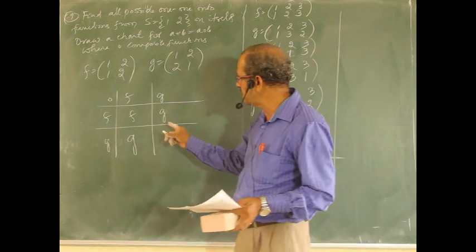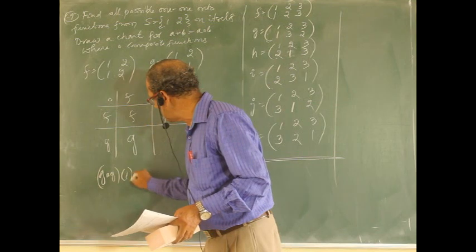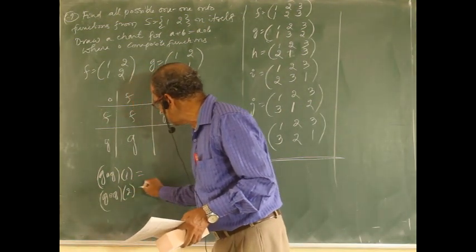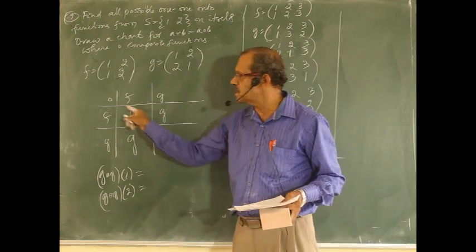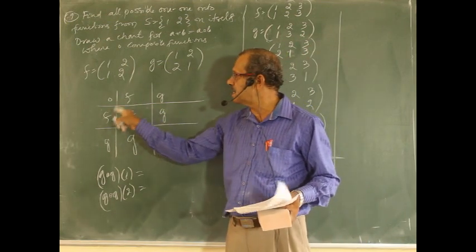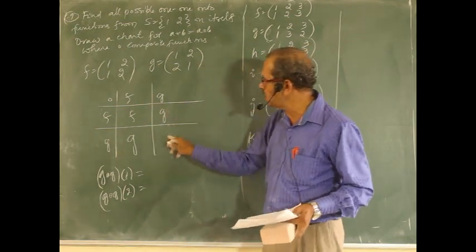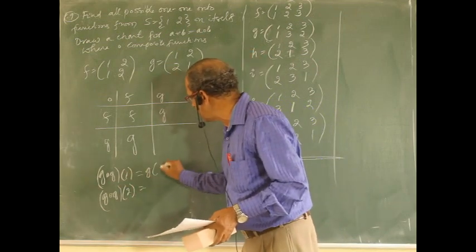G composite G, let us find it. G composite G of 1, G composite G of 2. All other remaining elements are known because they are combining with the identity function, same function. Only the problem is to find G composite G. It is G of G of 1.